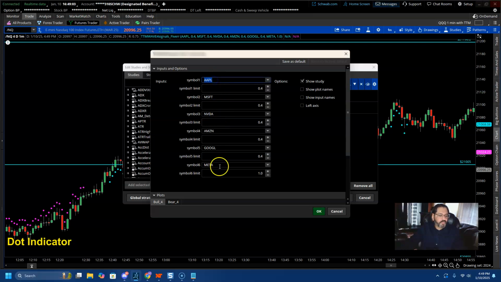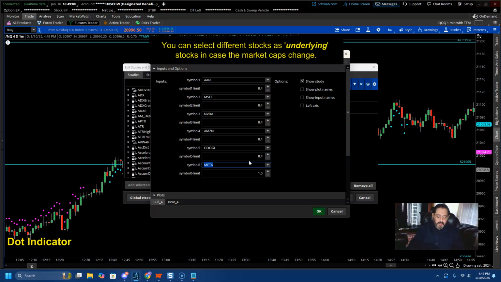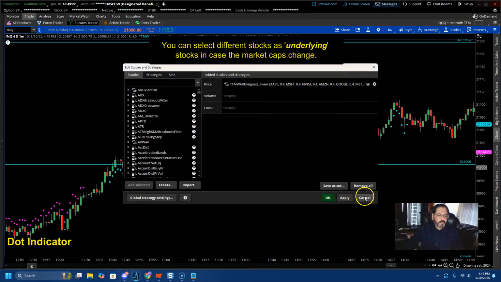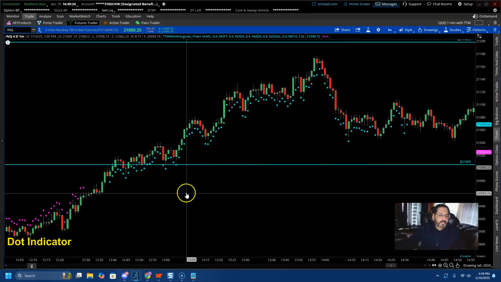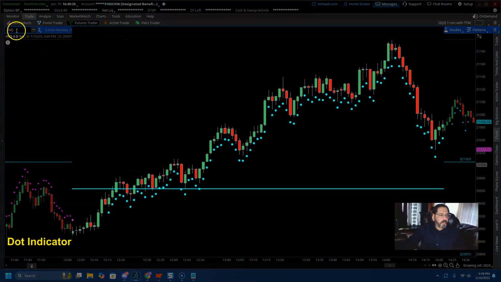And if something changes, let's say tomorrow or after a few days some other company takes over the place of Meta or Google, you can always replace that. These thresholds can be tweaked to optimize them as per your risk, but these are the default levels, okay?